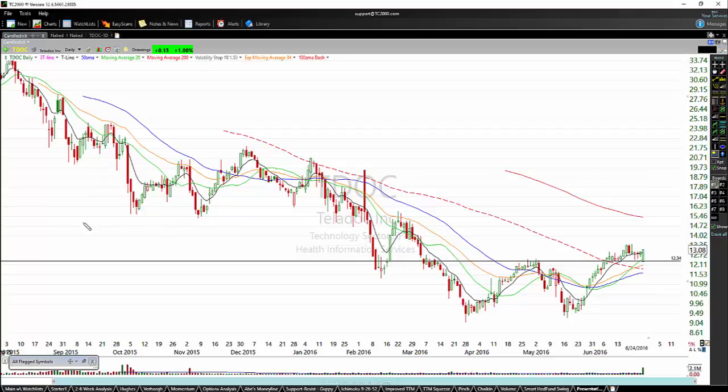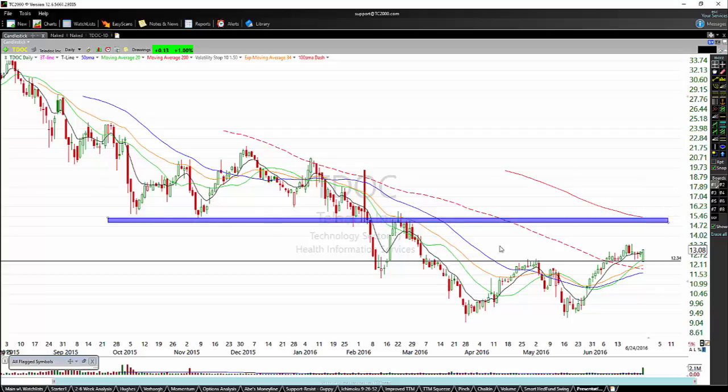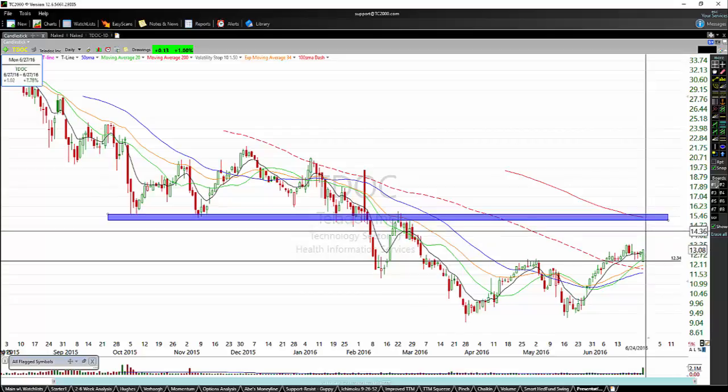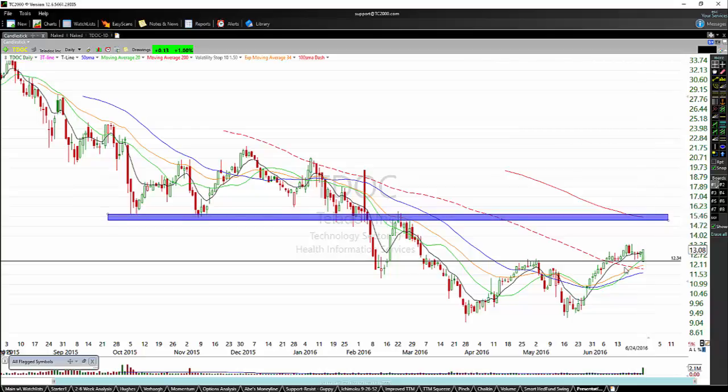If we draw the other resistance levels, I believe there's another one in here someplace. Someplace in there like that. And if we look at what's available to us in terms of movement from today's price, that would be about, let's call it 16%. So that might be a nice move.